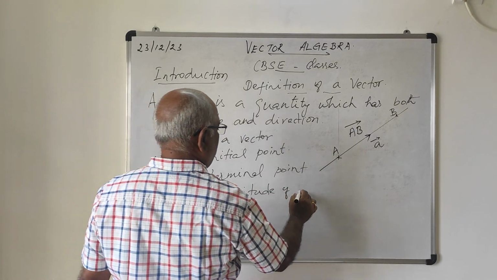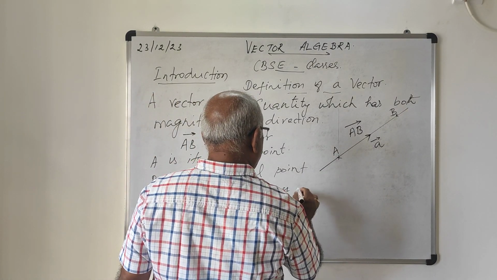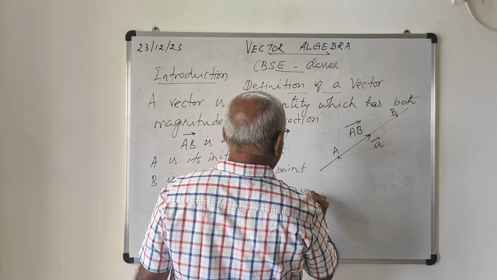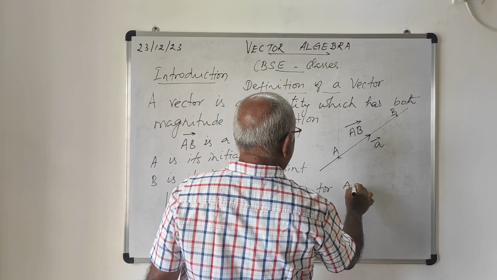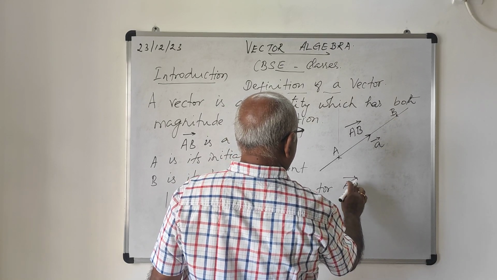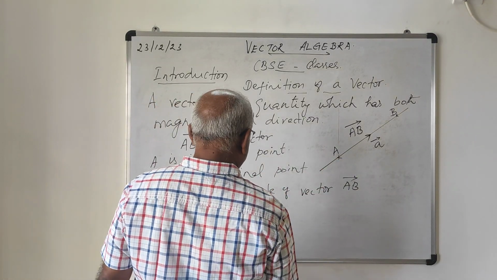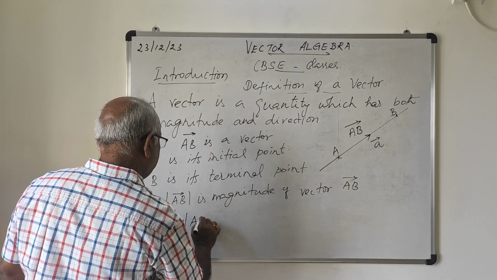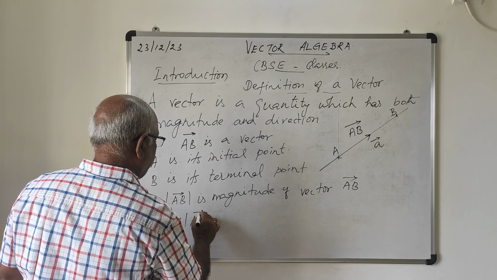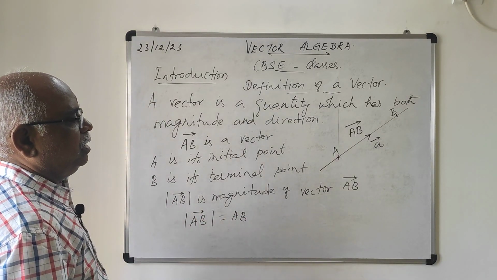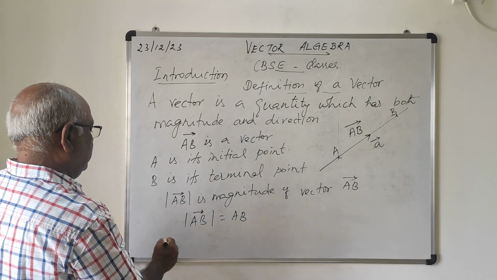You have to read it as the magnitude of the vector AB, that is, the distance AB. Its direction is from A to B.